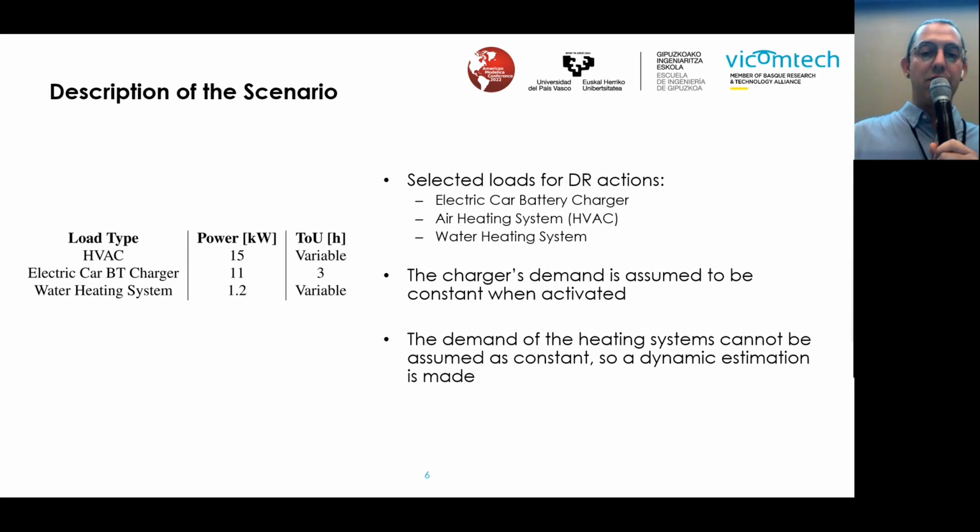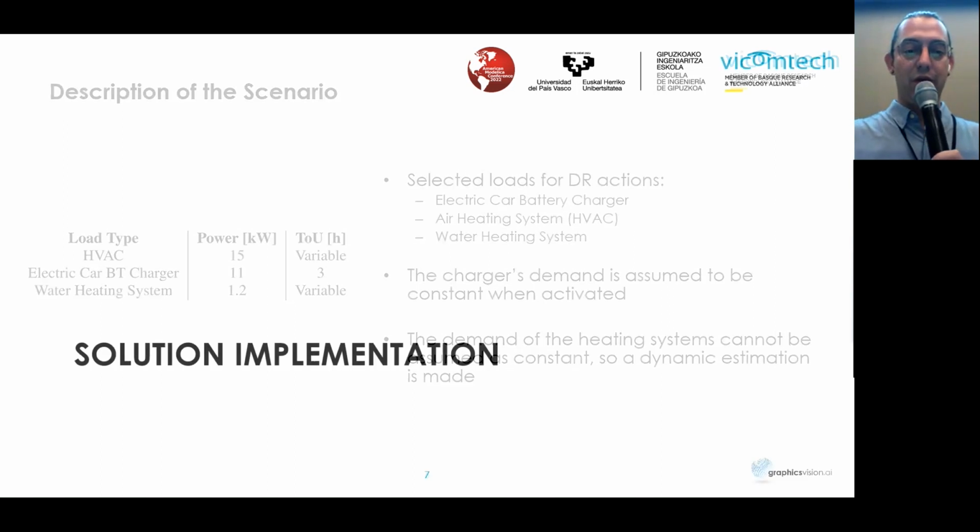Now, because there is no monitoring for any of these things, just an aggregate demand for the whole building, that's the only monitoring available. The idea is that, okay, if you model the HVAC, the water system, and the electric car battery charger, you could try to estimate what their individual consumptions are. And the same thing for the PV.